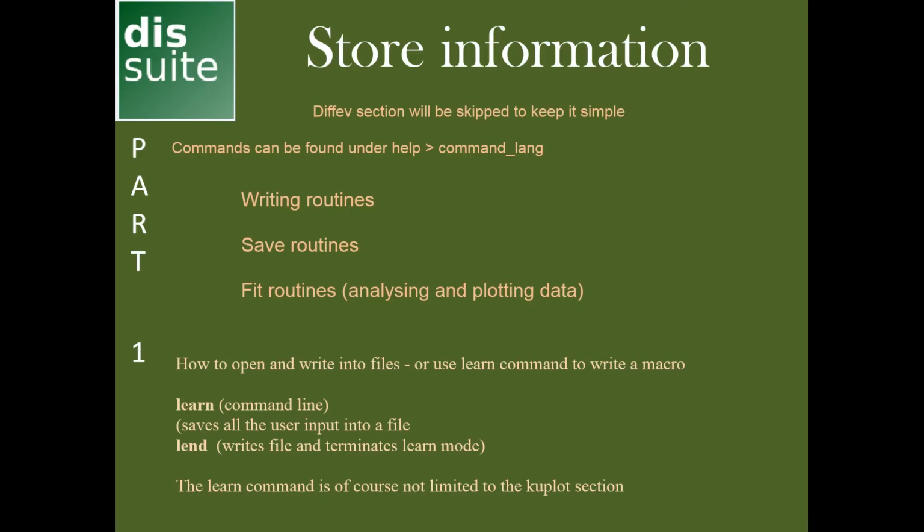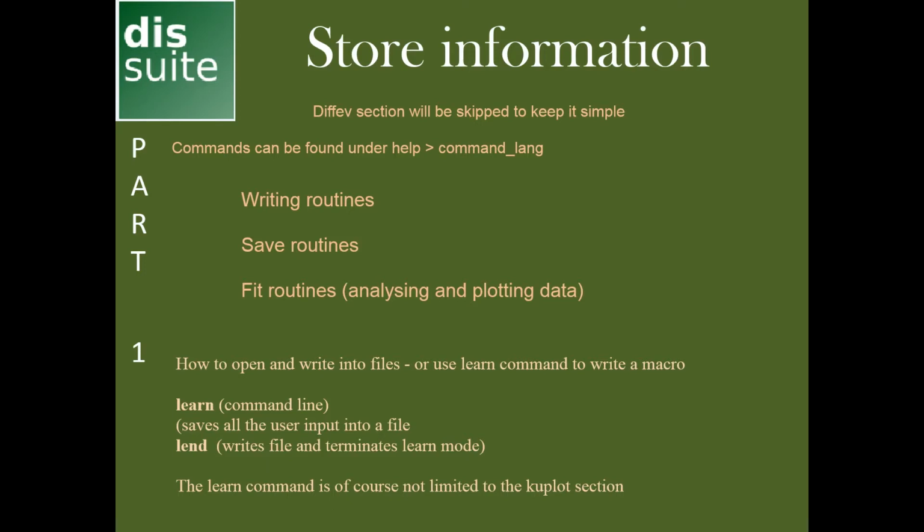what can we do to write into a file or a new file? One option of creating a new file is the learn command. So if you write learn, which is indicated here in bold, somewhere into the DISCUS suite, you start the learn mode of DISCUS. That means all the input which you type in after the learn command in the new lines will be saved into a new macro file.